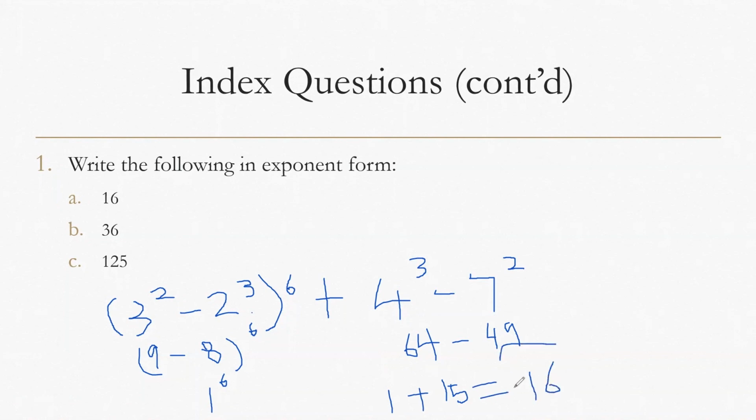So your final answer is 16. Does that make sense? I tried to pick slightly smaller powers so you could do it mentally or on paper if you need to.